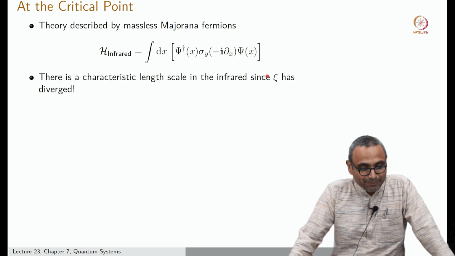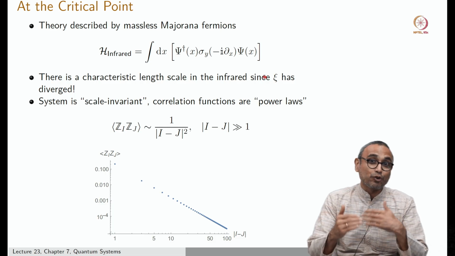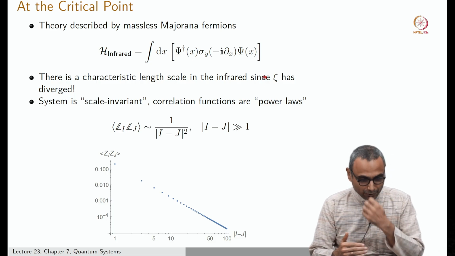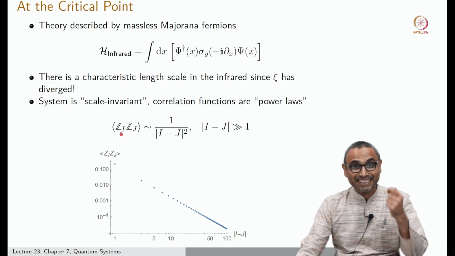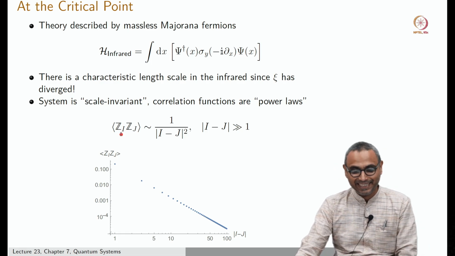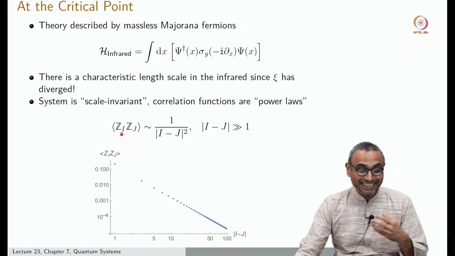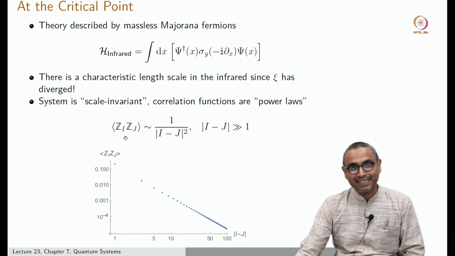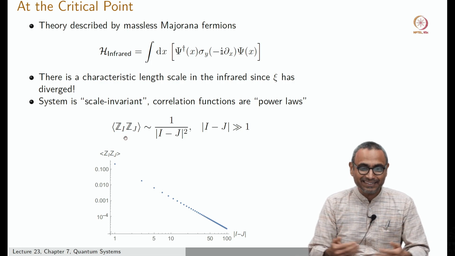So what does this mean? This means that if you look at any kind of correlation function, for example, I have computed here the correlation function between z at site i and z at site j, you will see that this correlation function does not have any intrinsic length scale in it.